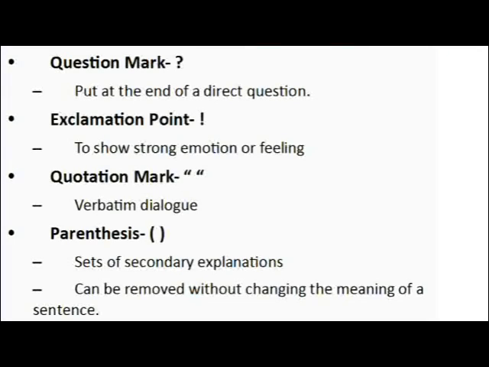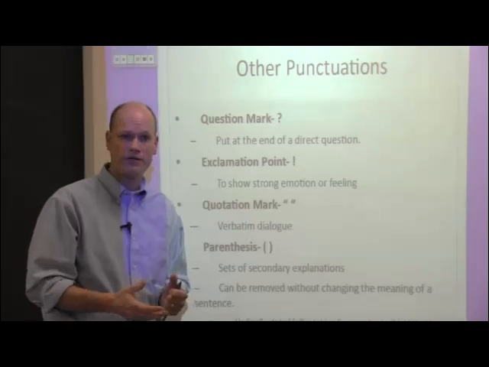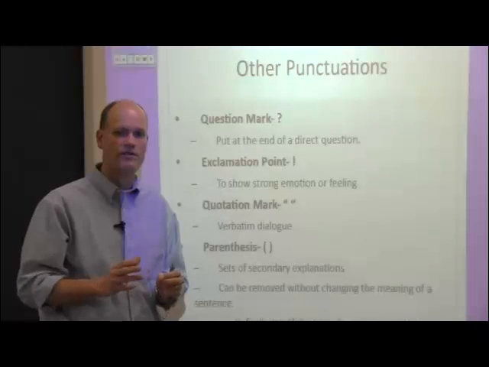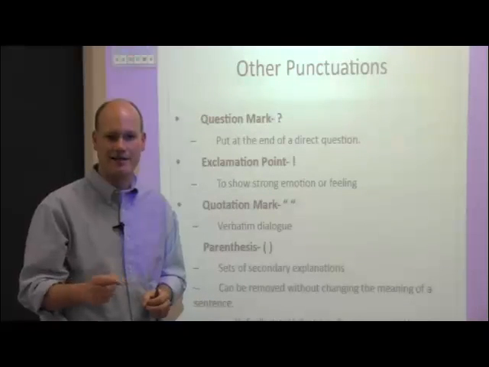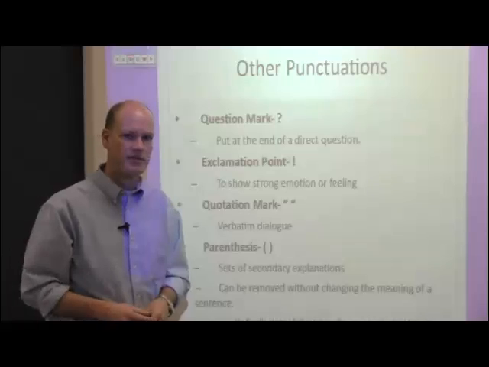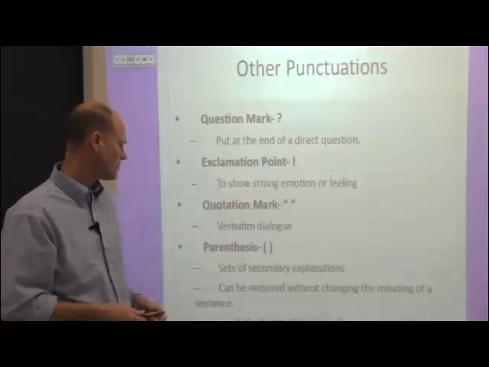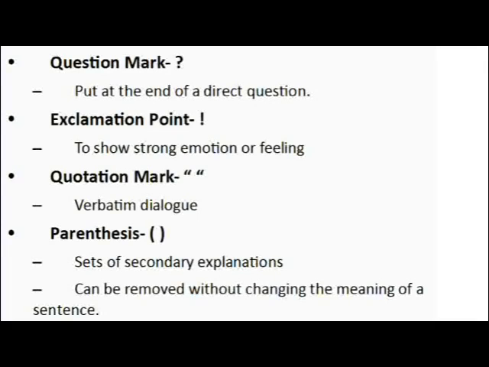Certainly question marks are at the end of questions. Exclamation points are used to show strong feeling. Quotation marks, okay, verbatim dialogue, meaning word for word. If somebody is being quoted, or you're taking their words and putting them in exactly the way they said it, it has to be in quotation marks. And then you have the parentheses, which set off secondary explanations.